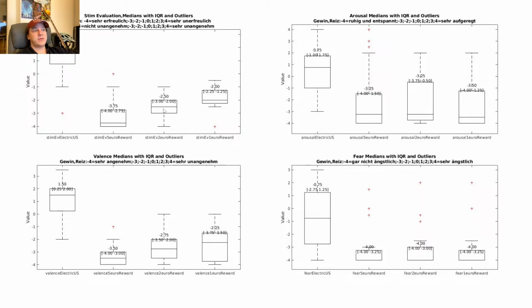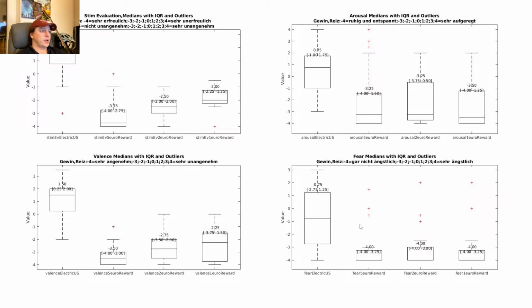So €5 and €2 are more pleasant as people respond than as they cognitively respond, because behavioral responses are the same for €1, €2, and €5. But when they answer the question, they actually rate the €5 and €2 higher than €1, and the absolute values are higher than the absolute values of the electrical stimulation.